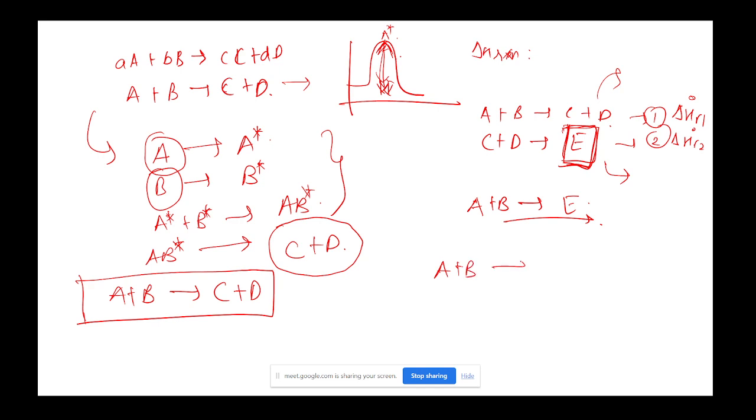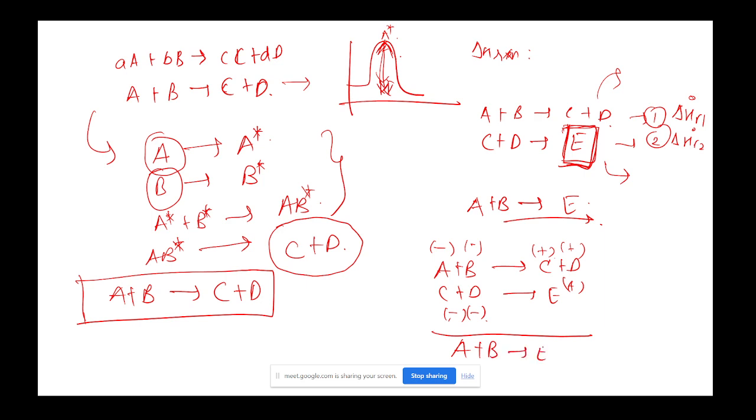Since A and B are consumed, they are on the reactant side, and the product is always taken as positive. C and D are formed in one and consumed in the other, so net it will be A plus B gives E. For this reaction, delta H reaction naught is equal to delta HR1 naught plus delta HR2 naught.